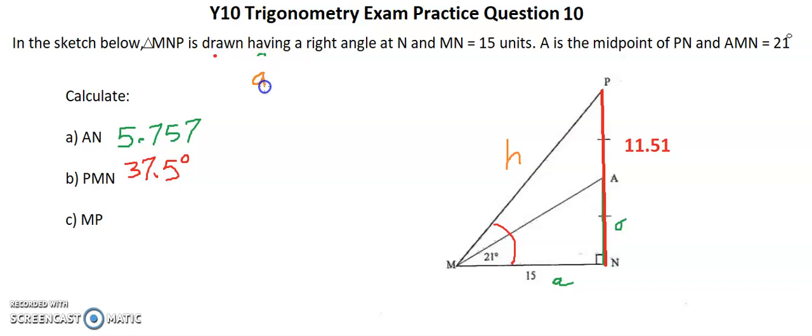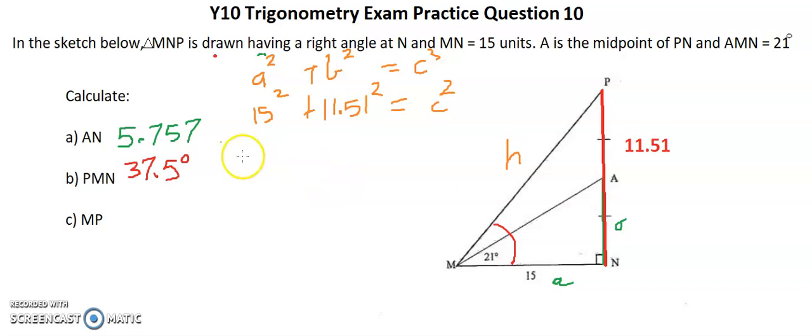So my a squared is going to be 15 squared. My b squared is going to be 11.51 squared, and it is equal to my unknown squared.